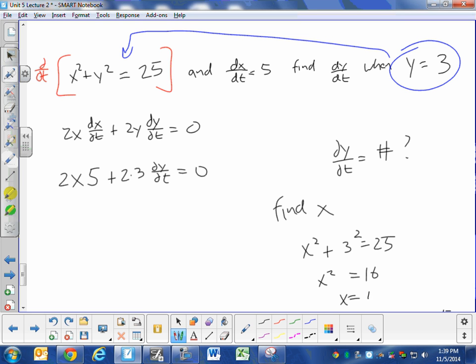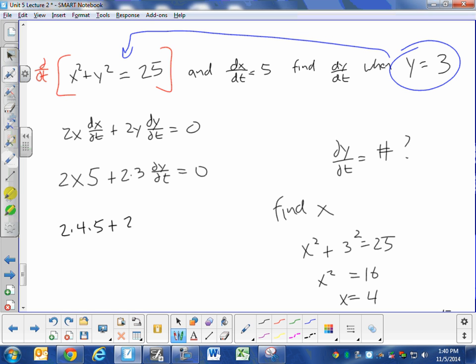X is going to equal plus or minus 4, but we're just going to say it's 4. You'll see why in the future, because we're not going to deal with negative distances. So just always assume that this is positive for the foreseeable future. We're dealing with distances and lengths, and we're not going to deal with a negative length or a negative distance. So we get 4.